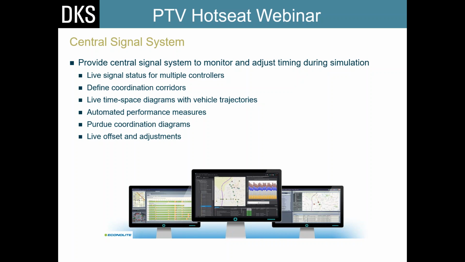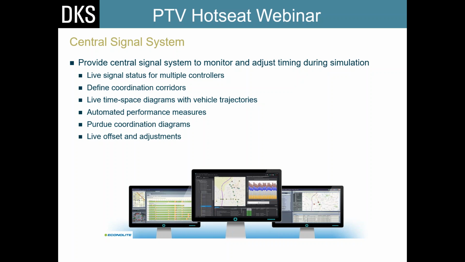And then this one, not quite such a small request. This is more of a dream or a wish, I would say, a central signal system. So we have this Vissim model, and sometimes we have a lot of controllers in there. Being able to look at everything from a system level, similar to what a lot of the central signal system software does.